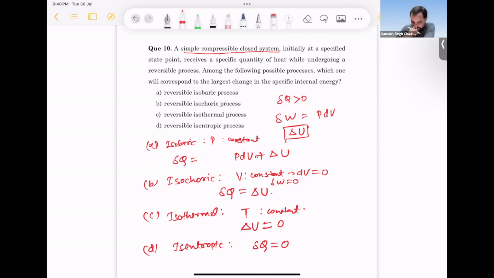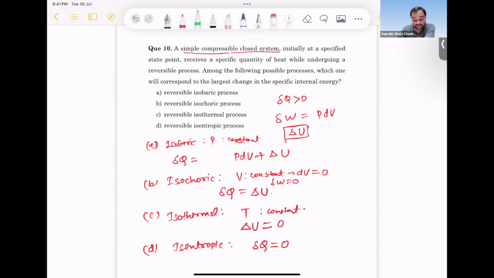So all the information we have. The first one is isobaric process, where pressure is constant, so delta Q is going into both parts: doing work as well as increasing the internal energy. In the second part, all of the heat transferred to the system is utilized to increase the internal energy.